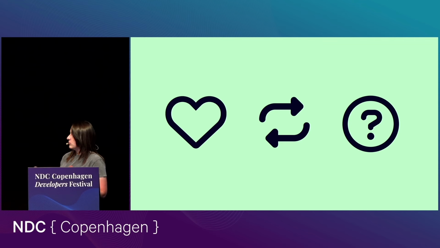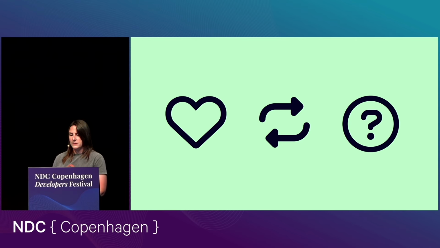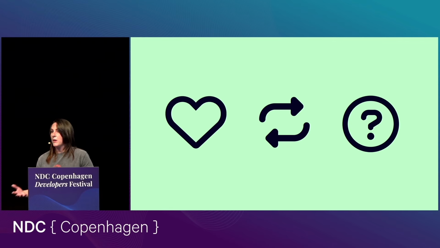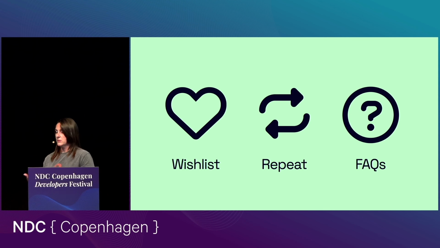Now, let's consider what these icons might represent. They're perhaps not quite as familiar or obvious in what their actions might mean if we click them. They could be quite ambiguous. So the heart could mean like, the middle one could be repost, and the last one might be a link to a live chat. Or potentially not.